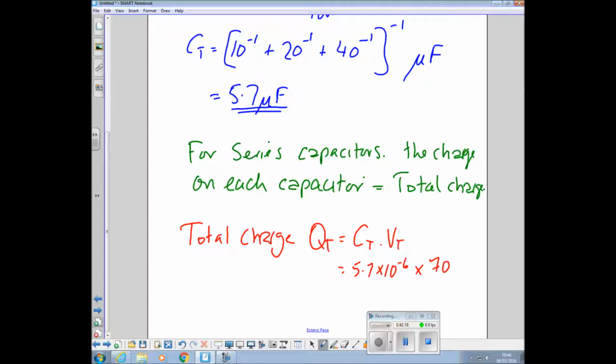Equals 400 times 10 to the minus 6, or 400 microcoulombs.